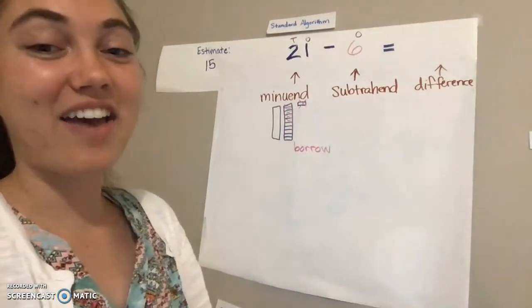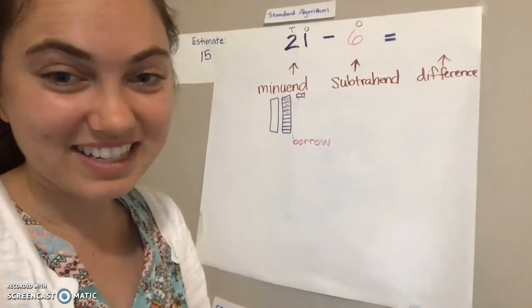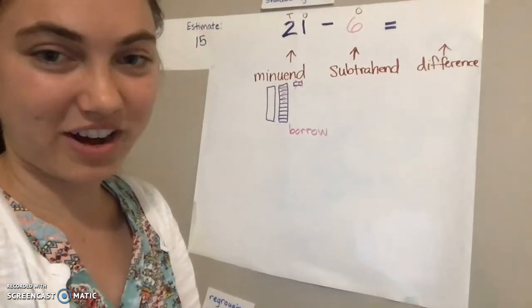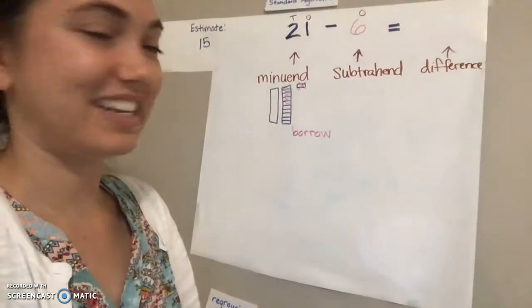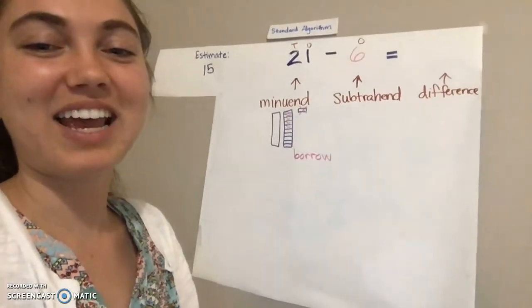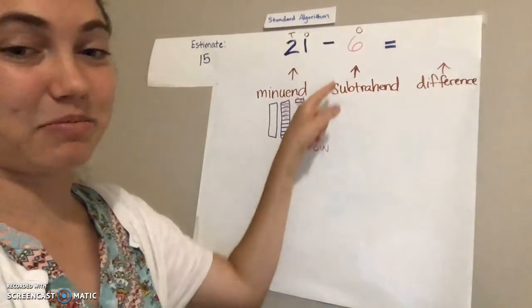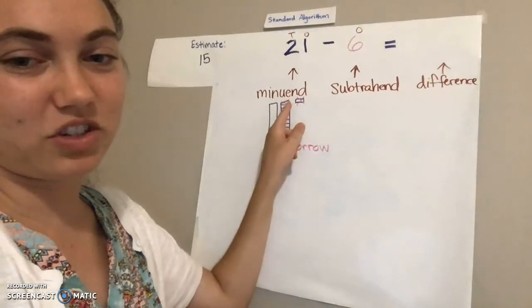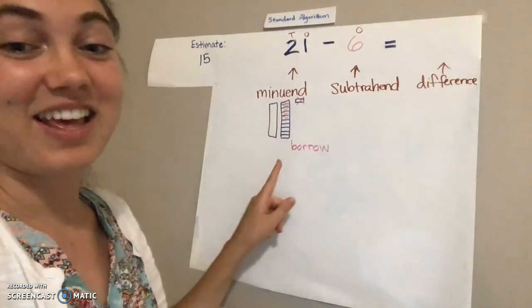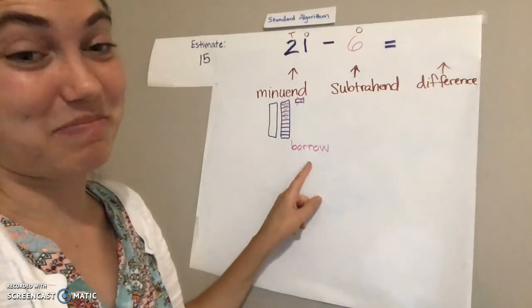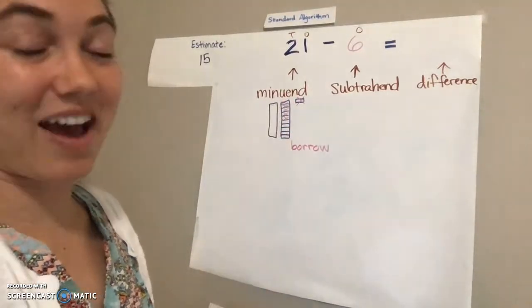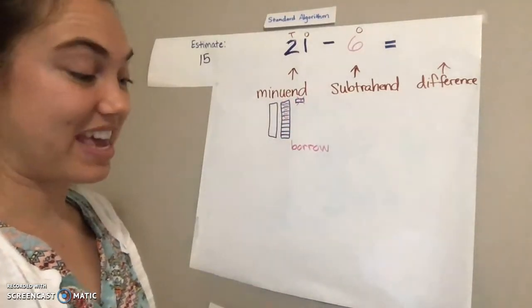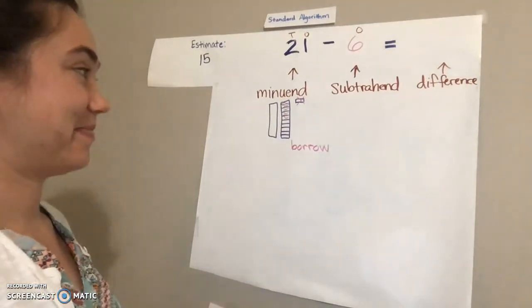Okay, so I have crossed out 6 ones squares. Excellent. So that shows that I have taken away the subtrahend, 6. 1, 2, 3, 4, 5, 6. But I had to borrow some by crossing out that 10 and making it into ones.